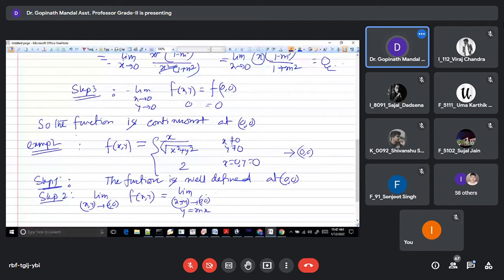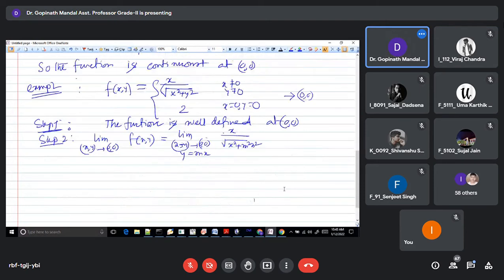And this will be x by root over (x square plus m square x square). So this will be equal to the limit as x tends to 0 of x by x times root over (1 plus m square).